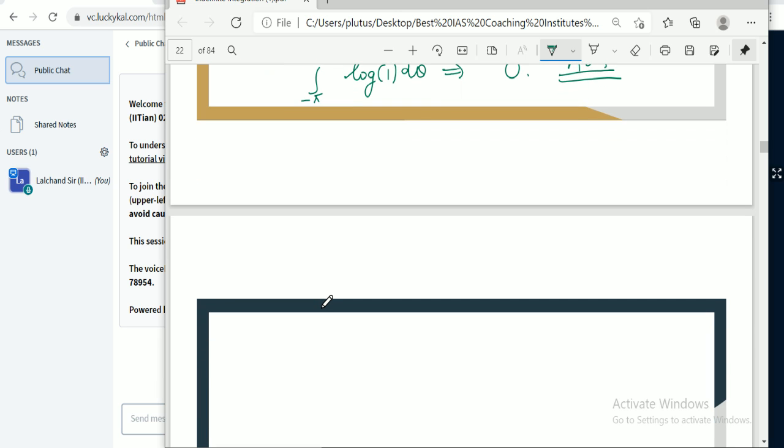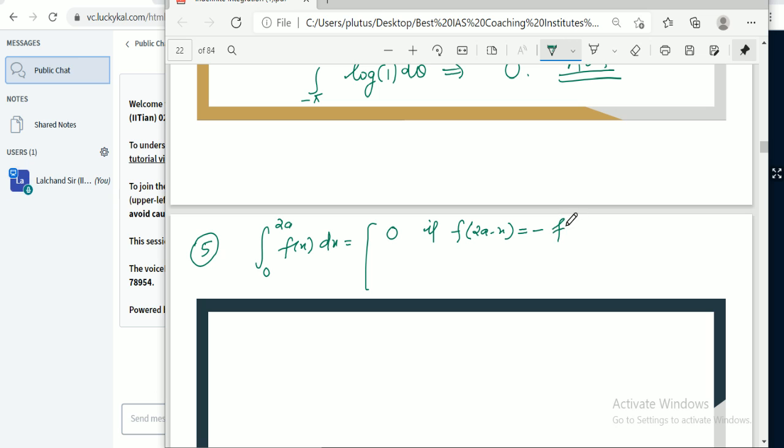Okay. So let us discuss the next property, the fifth property. The fifth property is integral 0 to 2a f(x) dx. This value is equal to 0 if f(2a minus x) is equal to minus f(x).